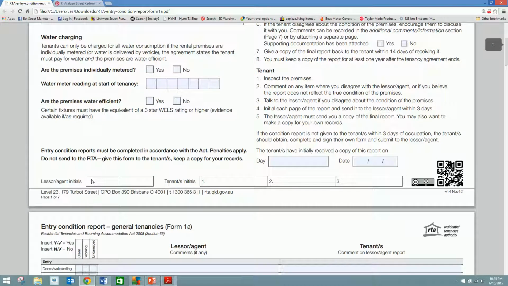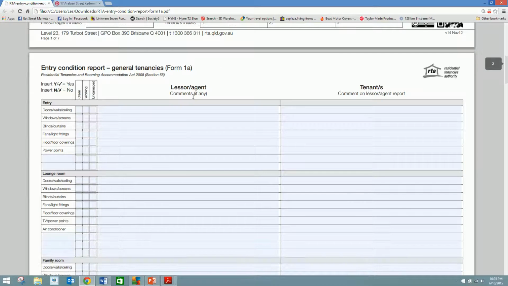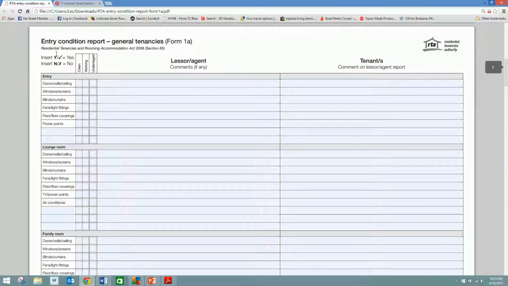Okay, so every page has to be initialed by the lessor and the tenant. This is the main part of the entry condition report. So if there was something wrong with the property, so say the wall had a small hole left of entry, say.